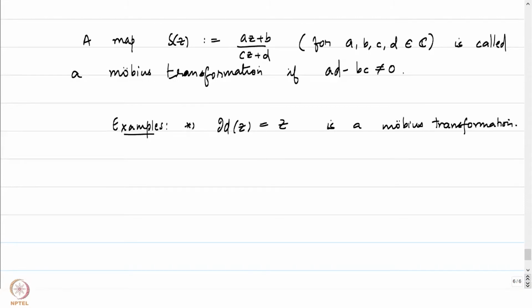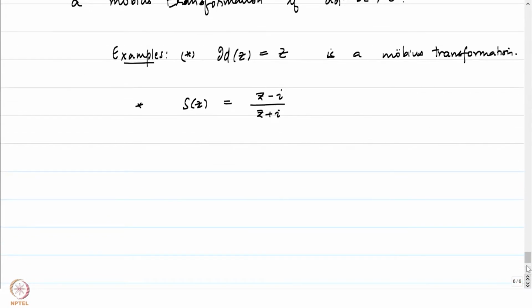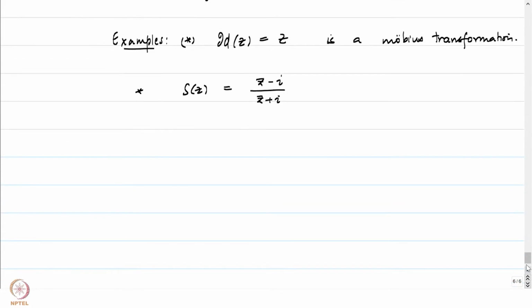Another example would be the map S of z given by z minus i by z plus i. In this case, b is minus i, a and c are 1, d is equal to i. So notice that S of z in the second case here is holomorphic away from minus i. Because it's a rational function, the function is holomorphic away from the zeros of the denominator.